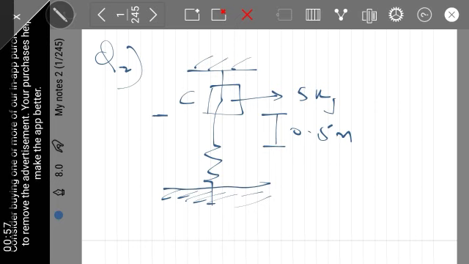in the position shown and slides without friction on a vertical rod until it hits a spring with a constant of k equals 720 newtons per meter.